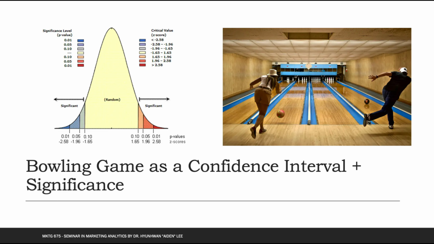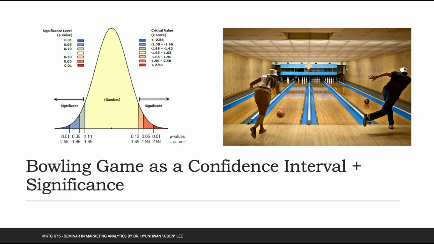Here is another way to think about significance and confidence intervals using a bowling game. Imagine the bowling lane as the range of possible true effects. The center of the lane is no effect and the pins are the true value we are trying to hit. Each time we run an experiment, we throw one ball. A confidence interval is like the width of the lane where the ball is allowed to land and still be considered a reasonable shot.